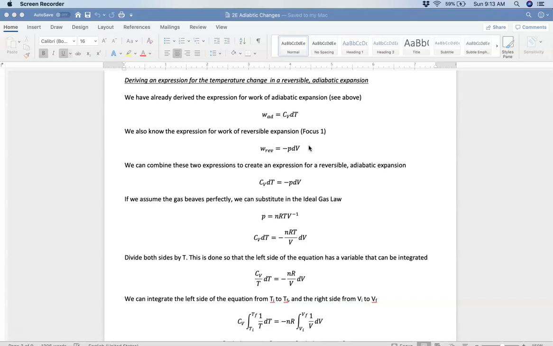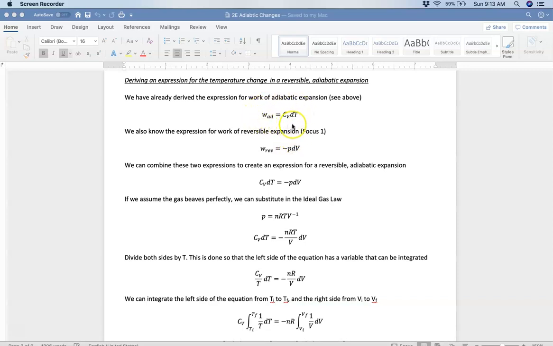But the consequence is that as the work is done and the volume expands, or as the temperature changes, it's happening at equilibrium. So if it's a reversible process, the pressure of the system is equal to the external pressure. They should always be in mechanical equilibrium.